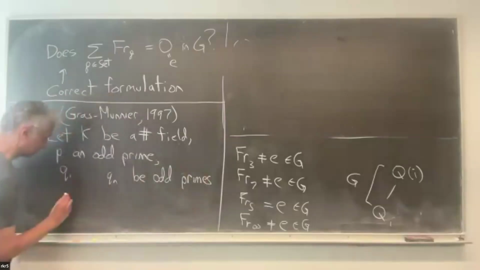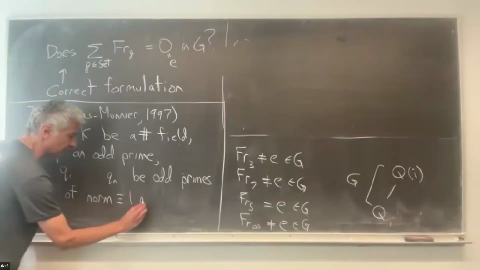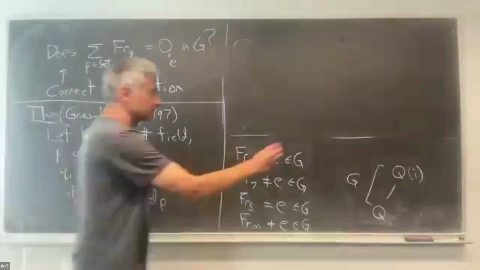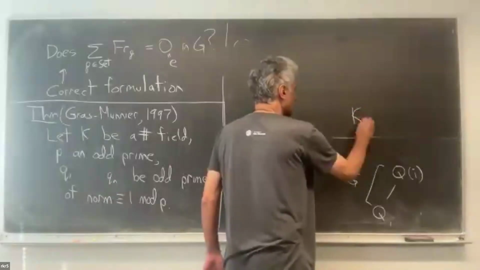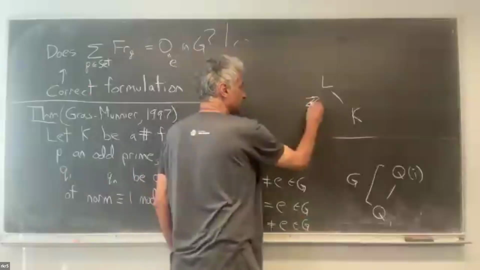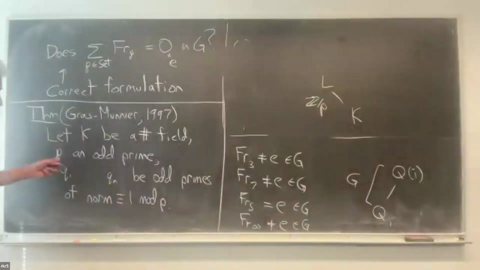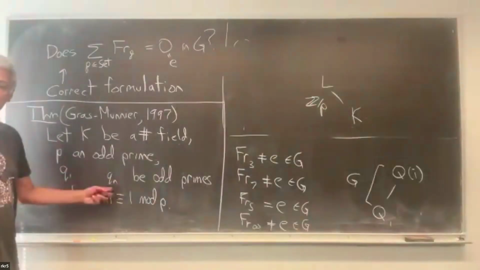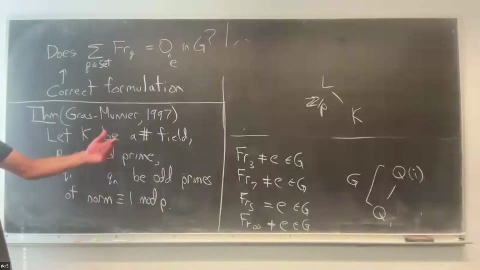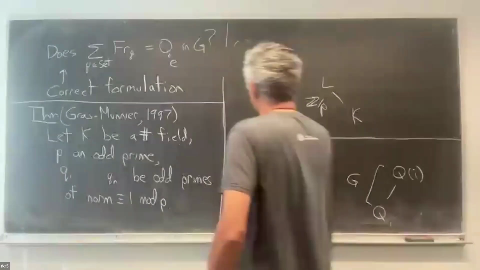Odd primes of norm congruent to 1 mod p. So you can ask the same question: is there a Z mod p extension of K ramified at exactly this set of primes? That's the general version of that quadratic thing that we all learn at the beginning of an algebraic number theory class.